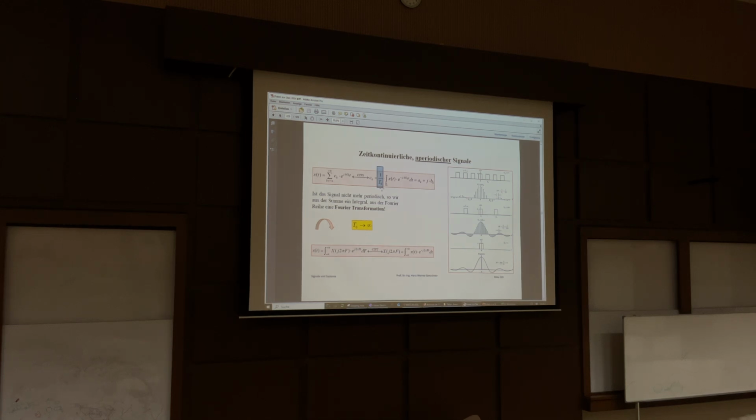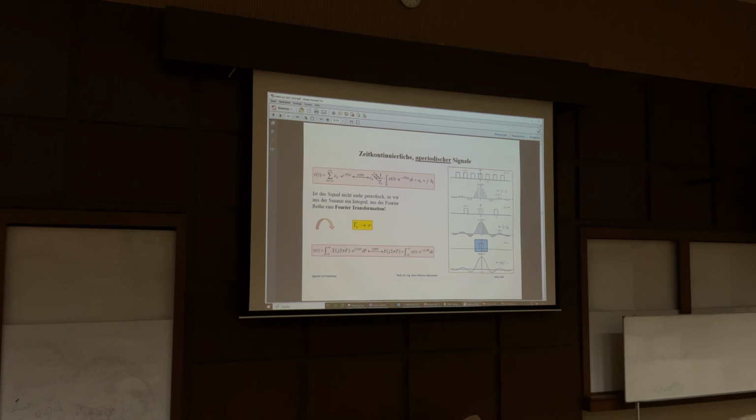If every signal is periodic with T0, and this T0 goes to infinity, the periodicity is eliminated. If that goes to infinity, I'm left with a rectangle pulse, for example, here alone. That's the single signal, which is now aperiodic.